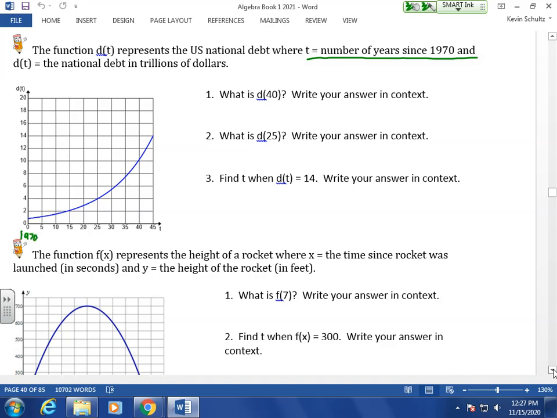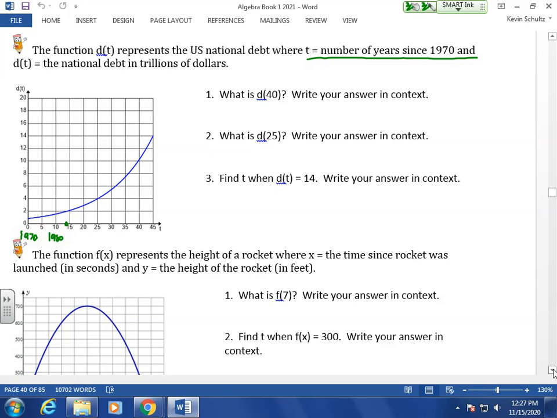And then t is 5 represents 1975. 10 would be 1980. 15 would be 1985. So Mr. Schultz was born right there, 1984, right? But that's what this graph is saying. It's not 0 to 45 on the x-axis or the t-axis here. It's a number of years since 1970.